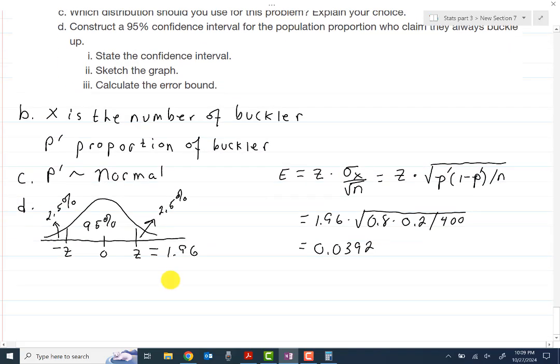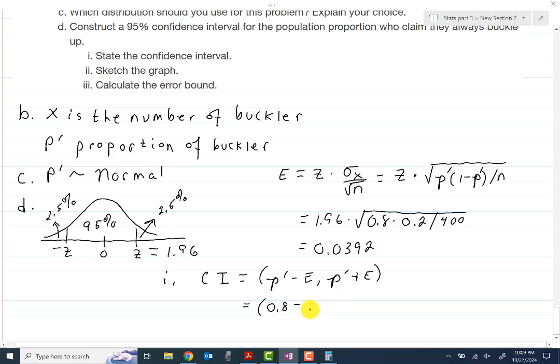And then our confidence interval, I guess that's part I. Let's go ahead and do that. The confidence interval will equal P prime minus E, P prime plus E. P prime was 0.8.